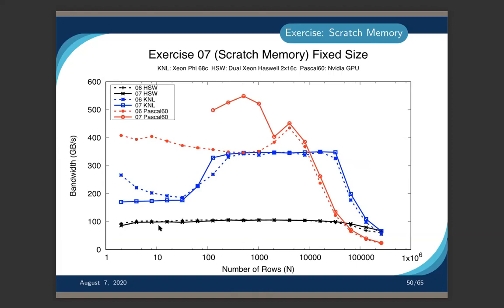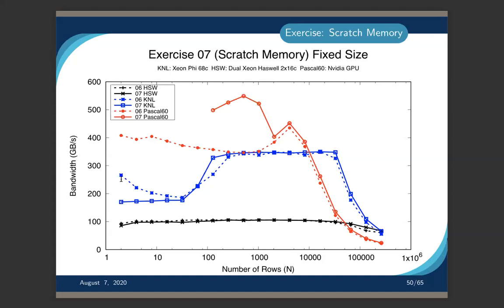First of all, we see that on CPUs and on Kernel, largely it doesn't change anything. The reason is that the standard hardware caching just does a good enough job, right? It doesn't help you to do manual caching here. In fact, on this very left side, you see that performance actually drops for Kernel for the version with the scratch memory.